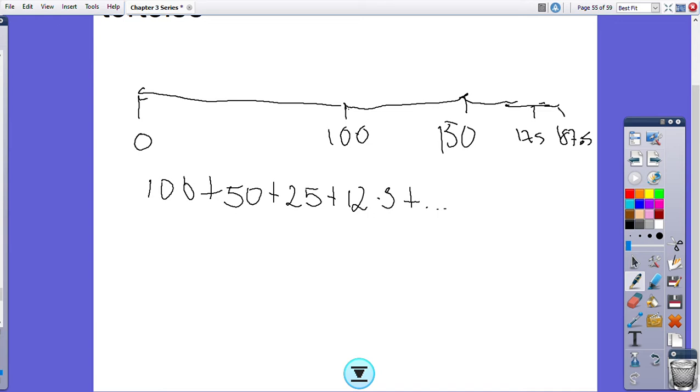Let's just have a look at how far Achilles has to run before he catches the tortoise.